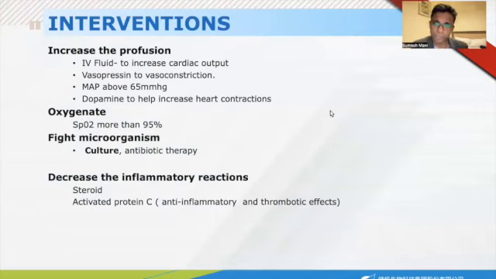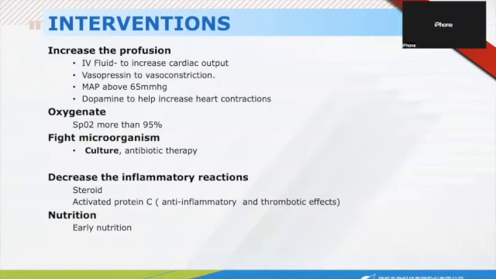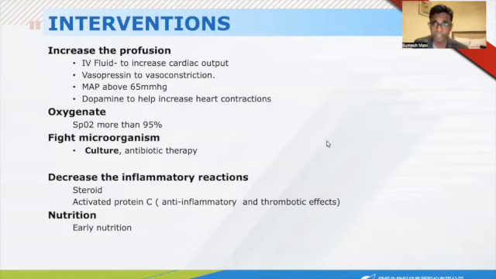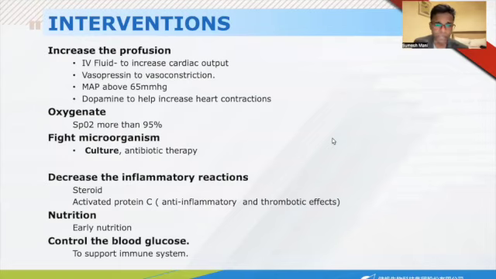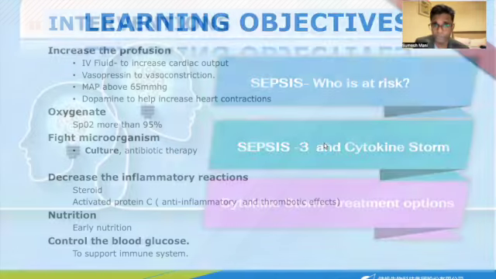Then previously, not now, previously, before we did hemoperfusion, they used to decrease this inflammatory reaction, that cytokine storm, with steroids and other kinds of medicines, but it never helped that much, to be frank. And nutrition, that's one of the major important situations. Controlling blood sugar is also one of the biggest advantages to support the immune system.